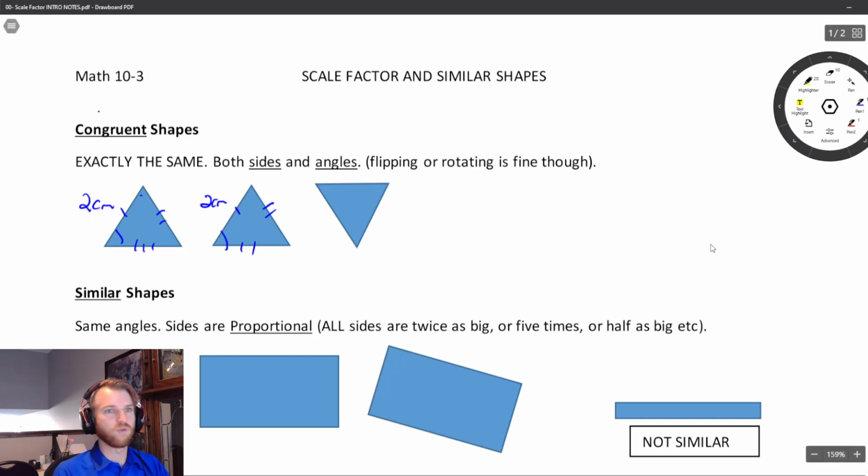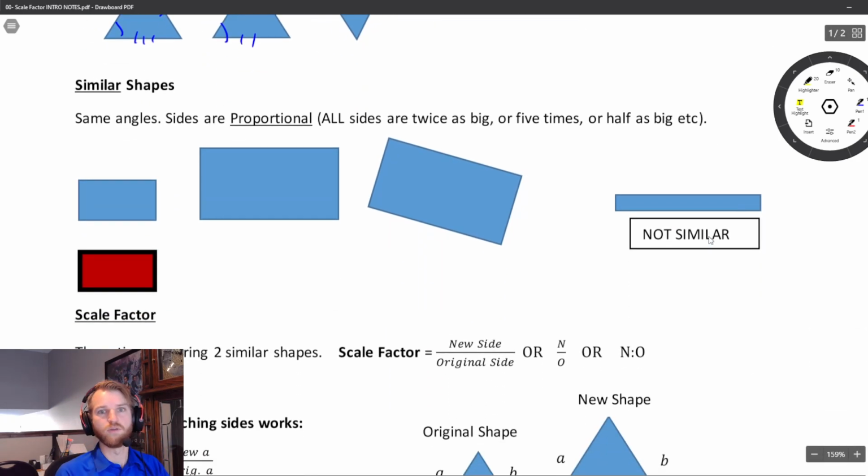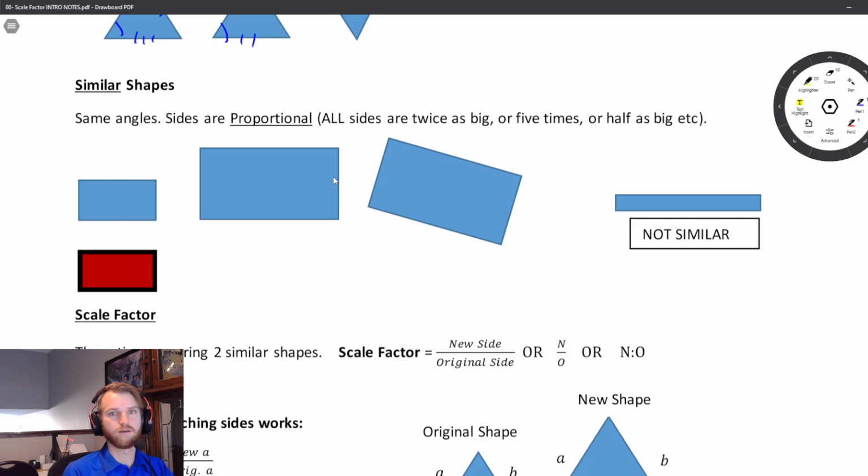Similar shapes we have a little bit more flexibility with. We'd say two shapes are similar even if their sides are not the same length, but they have to have all the same angles. So in this case, this angle matches this angle matches this angle. These ones are all 90 degrees, but they could be different.